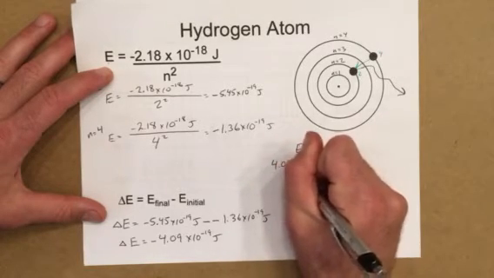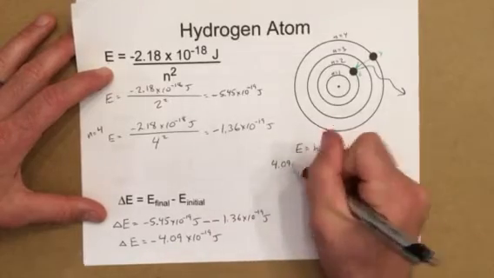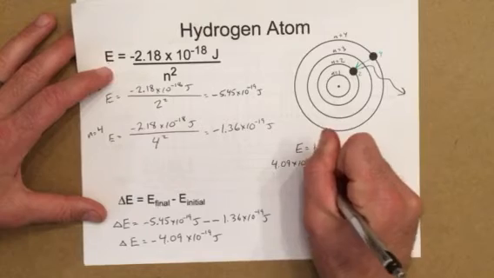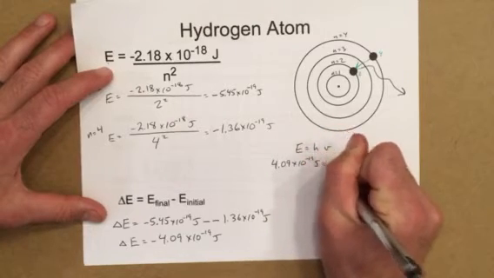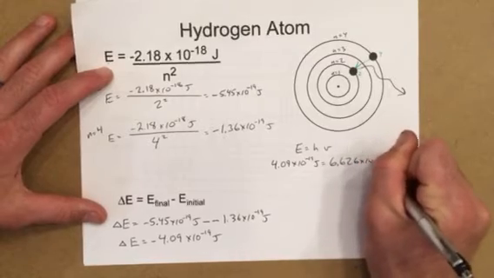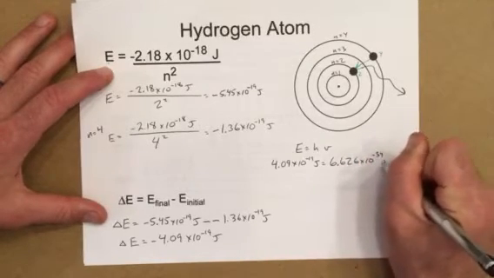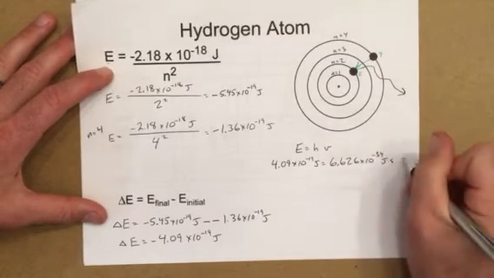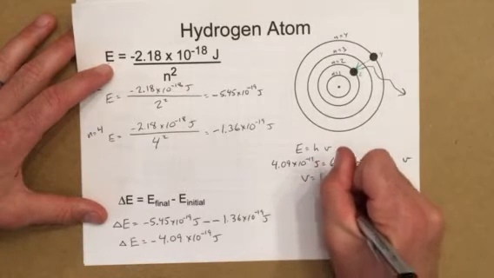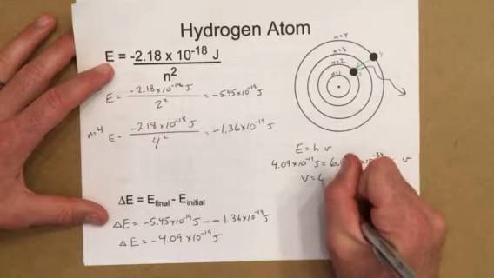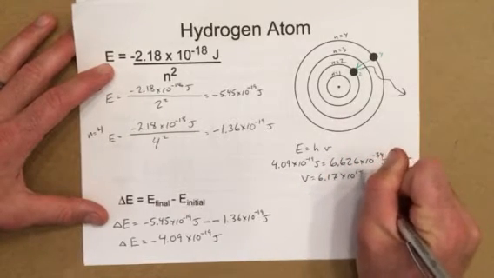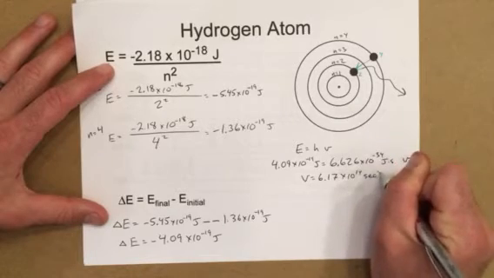So 4.09, the sign was just telling me the direction the energy was flowing out, times 10 to the negative 19 joules is equal to Planck's constant, 6.626 times 10 to negative 34 joules times seconds, and then times the frequency. So I'll solve for my frequency, and I get 6.17 times 10 to the 14th seconds to the minus 1.